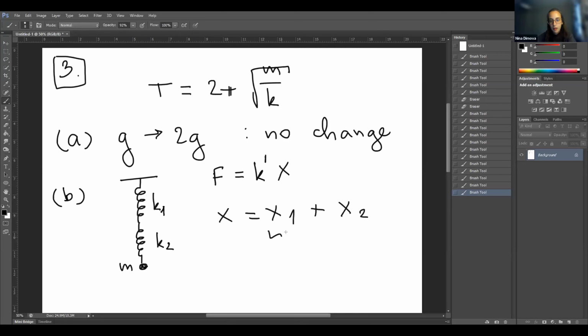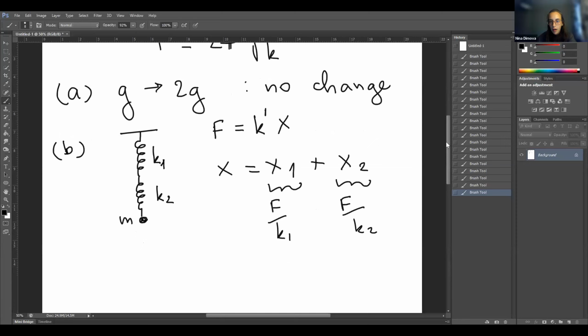And x1 and x2 can be written using the same force F, because we agreed it's the same on both, as F over K1, again from this formula, and F over K2.